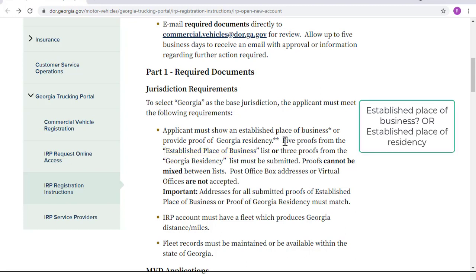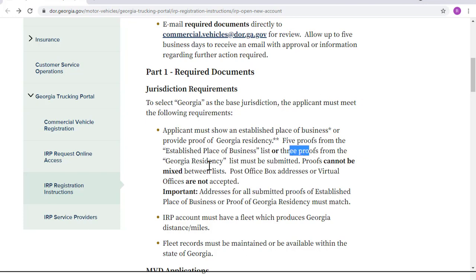So you mean I can either submit 5 from the established place of business or 3 from the Georgia residency. And so most people are going to go with what? Option 3, because that just means I have to come up with 3 proofs of Georgia residency. Well, I'm a resident of Georgia. How hard could that be?